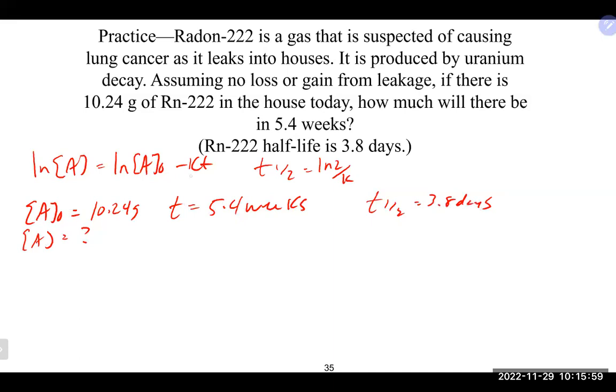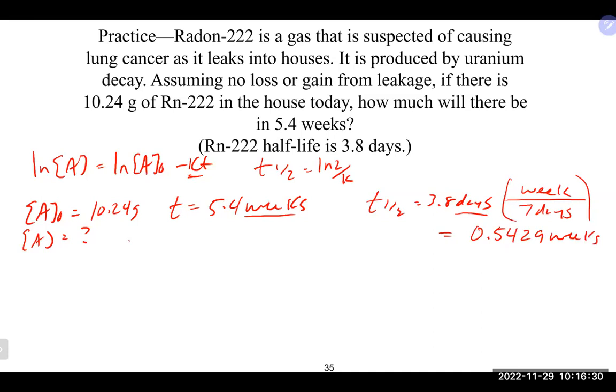So once again, we do need to use the half-life equation to get the decay constant. We do have some unit differences here, so at some point you do need to get them into the same unit. I'm just going to convert this into weeks. Why not? There are 7 days in a week. That would get us 3.8 divided by 7, 0.5429 weeks.